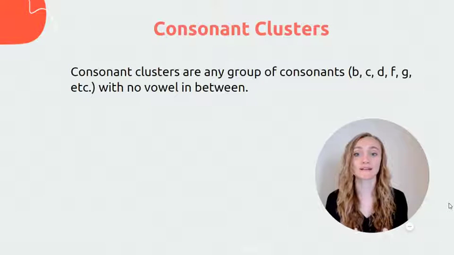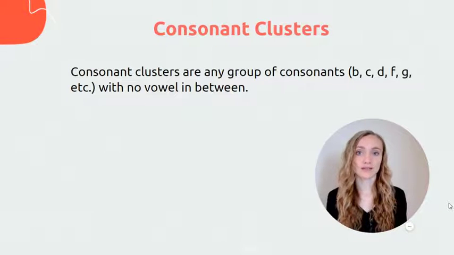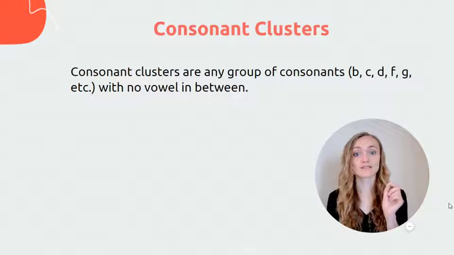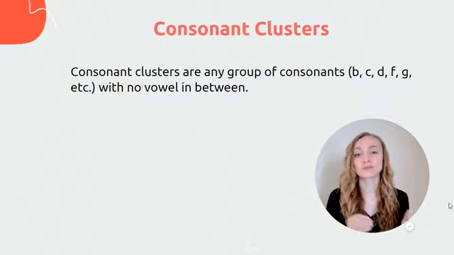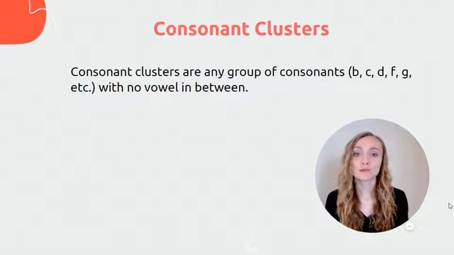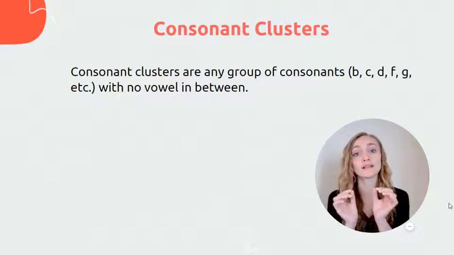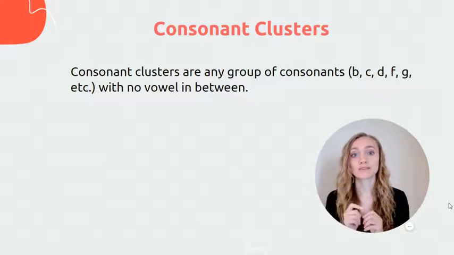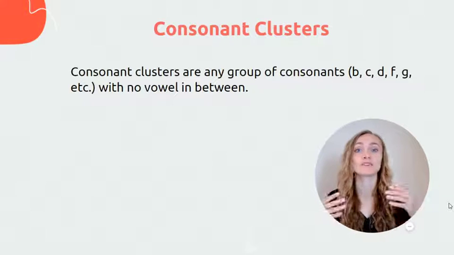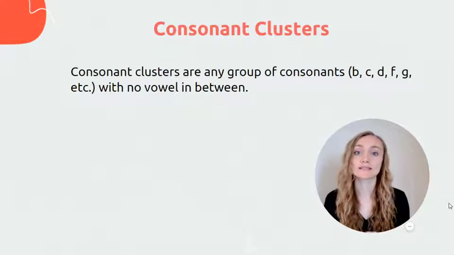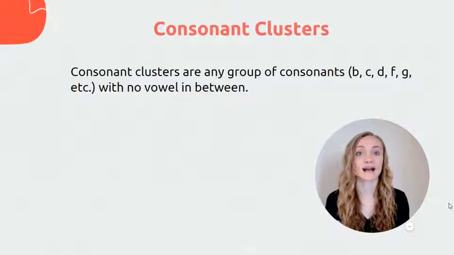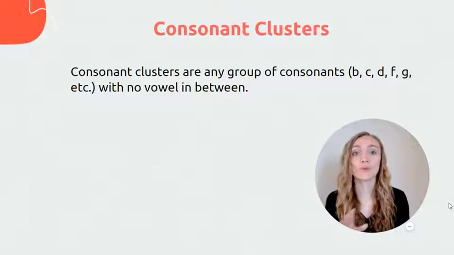letters are representing, right? So consonant clusters are when we have a cluster, which is a group. So a group of consonants with no vowels in between. So this might be when we have a P next to an L, or a B next to an R, right? And there is no vowel in between. So we do not see any A's, E's, I's, O's, U's, no Y's.